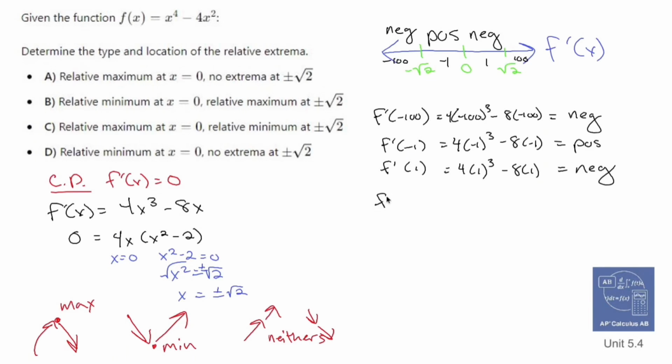And then f prime of 100 is 4 times 100 cubed, a huge number, minus 800, which is going to stay positive.